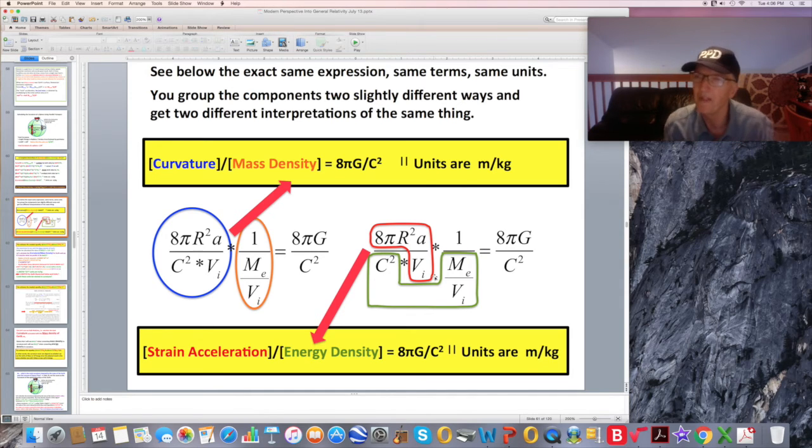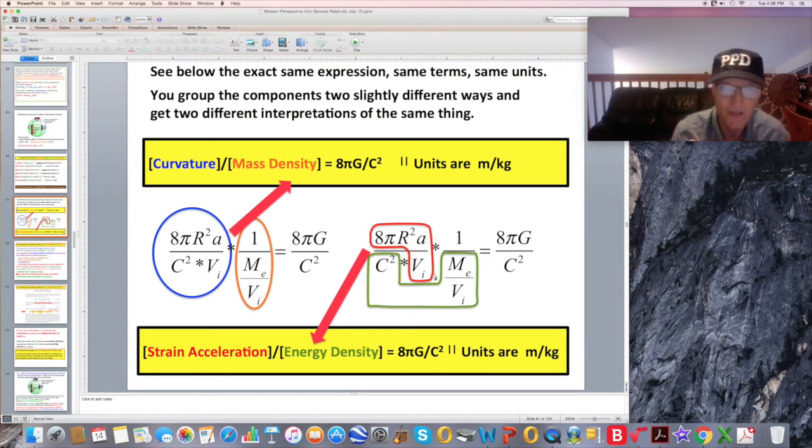So this tells us that in Einstein's stress-strain-energy tensor expression, that's on the bottom, you've got energy density and strain. But if you want to keep that c squared grouped in that blue circle, then you can talk curvature and mass density.